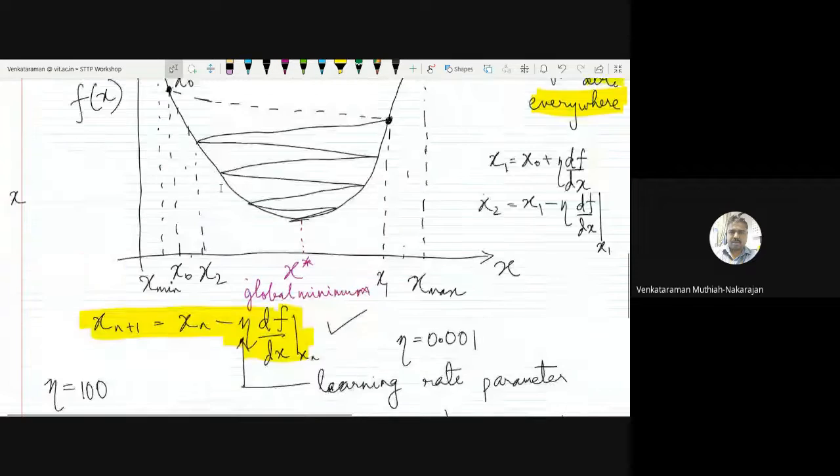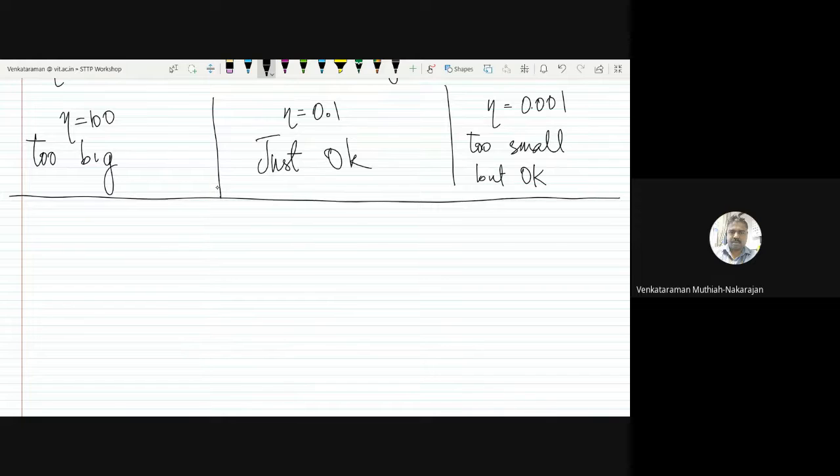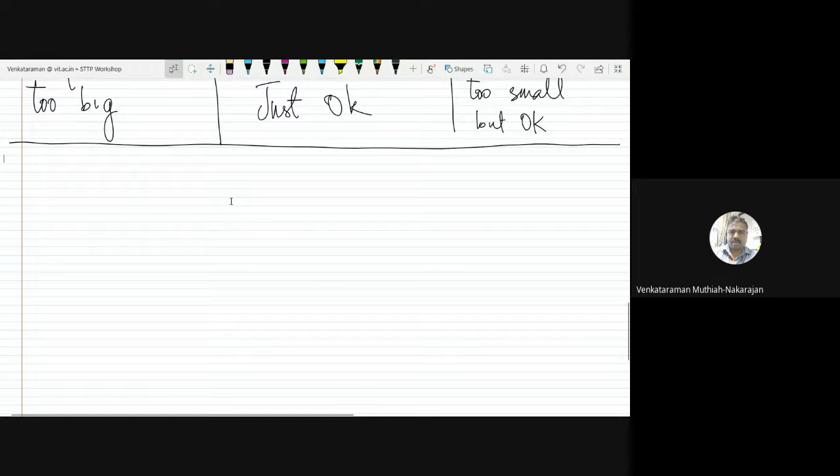This gradient descent algorithm, also referred to as the Cauchy method, had been used for quite a long time, until the heuristics came into the picture. This is only a review. Maybe most of you know this gradient descent. Heuristics have a different approach to solving these kinds of problems.